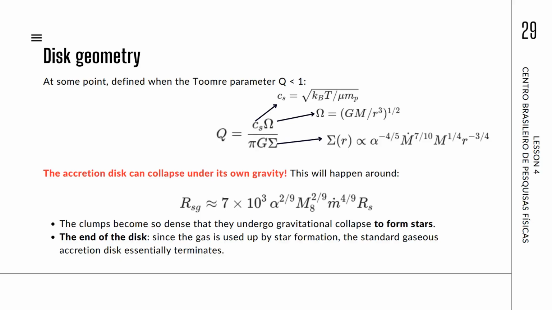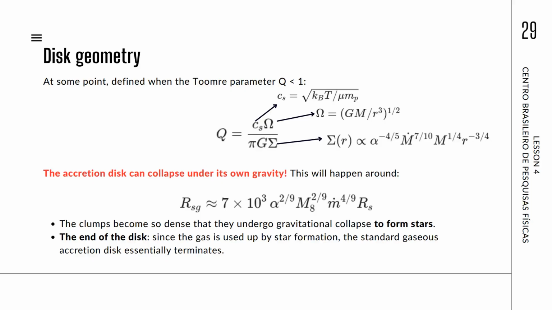Okay. Now imagine that very far from the black hole, the radiation pressure is negligible, and if you keep accumulating mass, so if the disk becomes larger and larger towards high radii, and there's no radiation pressure to support against the collapse, there is a point where the disk can start collapsing under its own gravity.